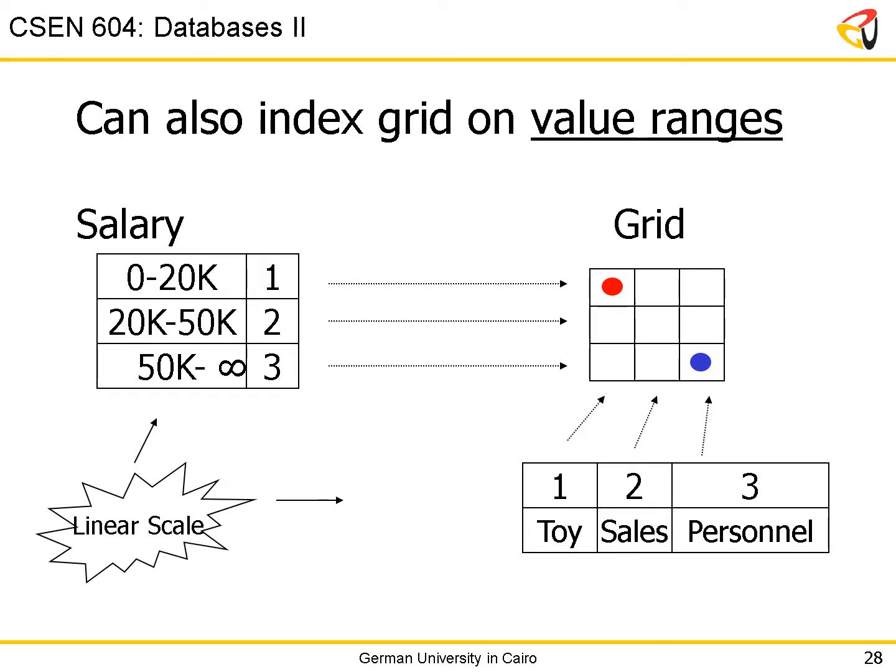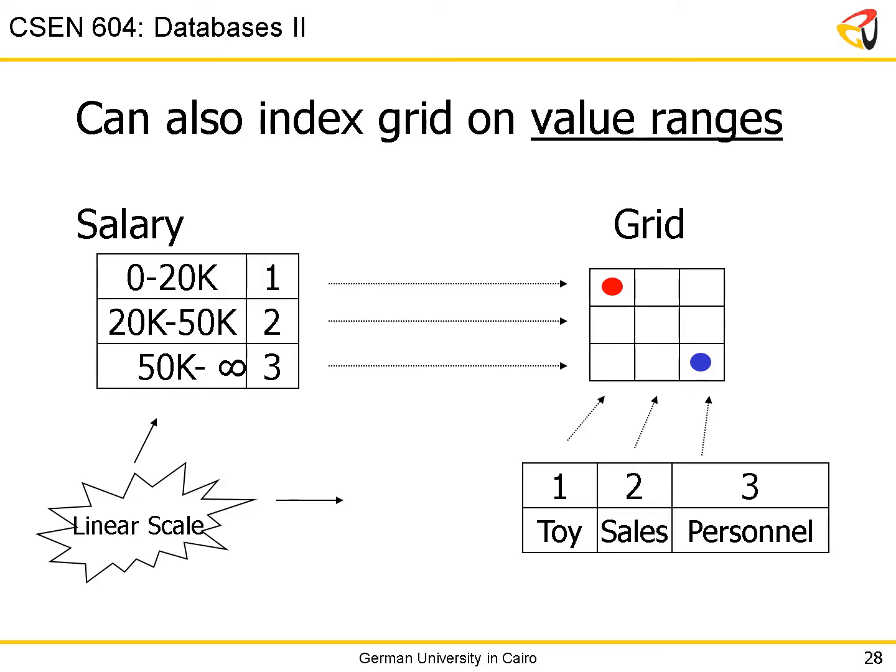For example, the first column in this grid is only for employees who are in the toy department. The second column in this grid is only for sales employees, and the third column in this grid is only for employees in the personnel department. Similarly, the first row in this grid is for those whose salary is between 0 and 20K.